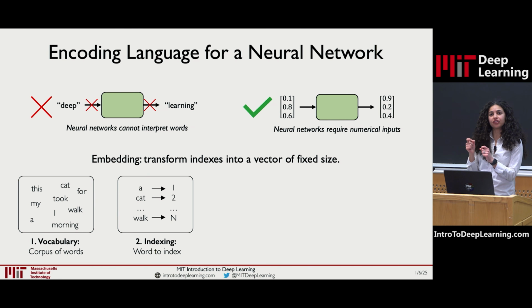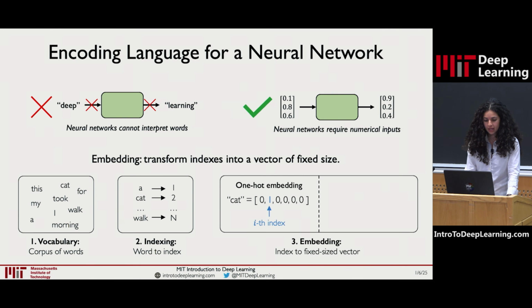Now these indices give us a way to transform that index, that slot, to a vector and look up a vector that represents that word based on the index. And I'll show you exactly what I mean by this. The last step is to do this embedding operation, which means mapping an index to a vector of fixed size.